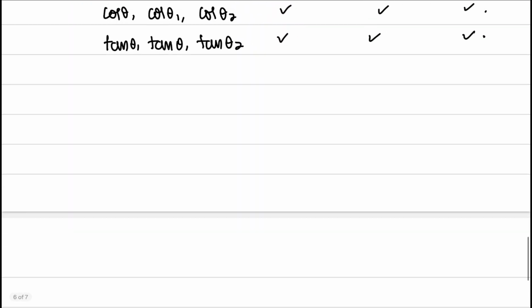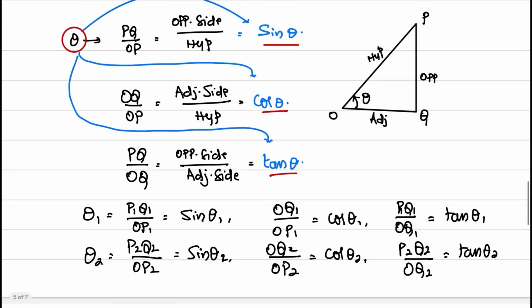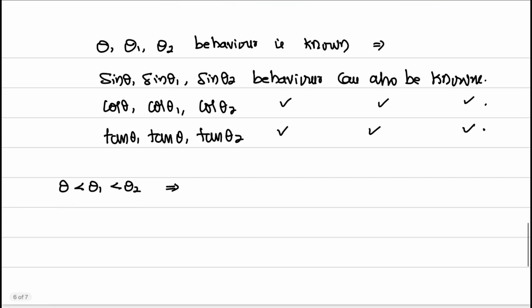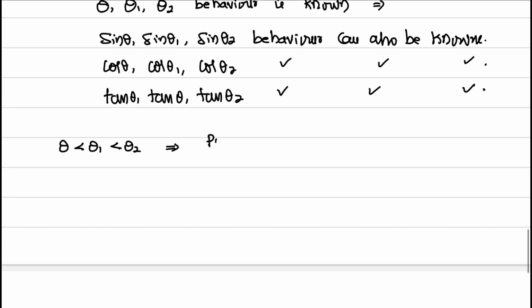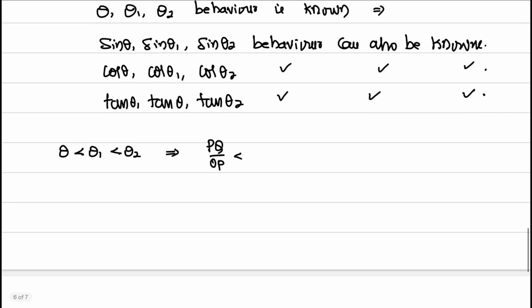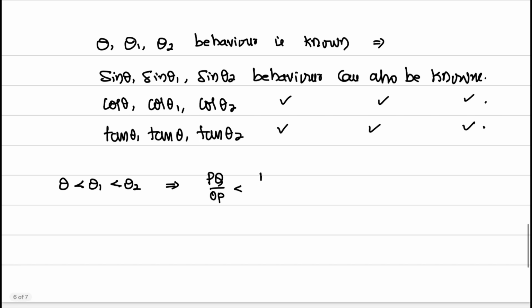Now we will try to find out: theta is less than theta 1 is less than theta 2, what does it imply? That implies PQ by OP is less than P1Q1 by OP1, which is less than P2Q2 by OP2.